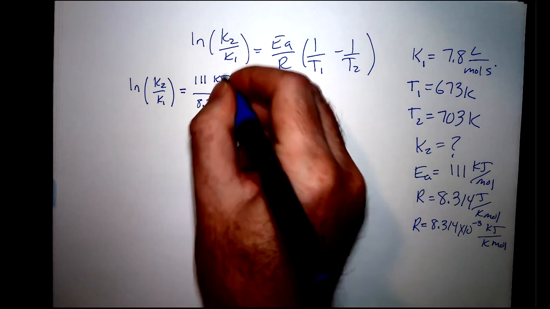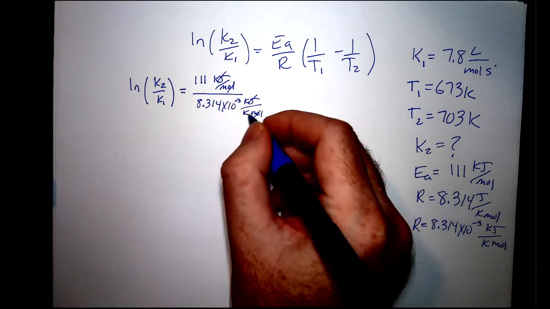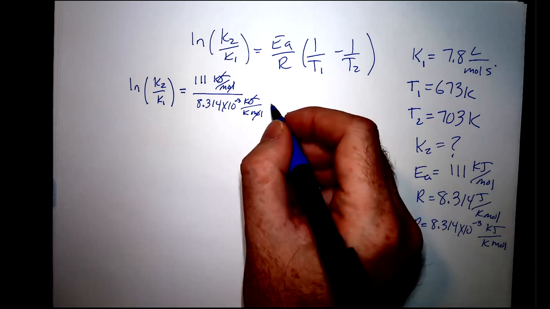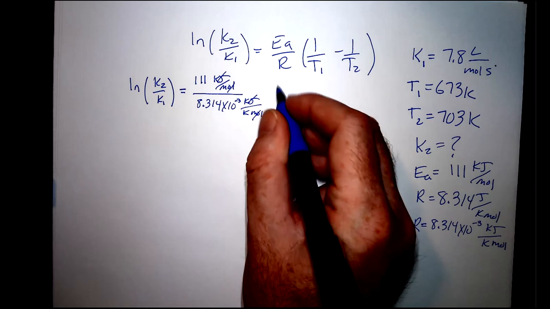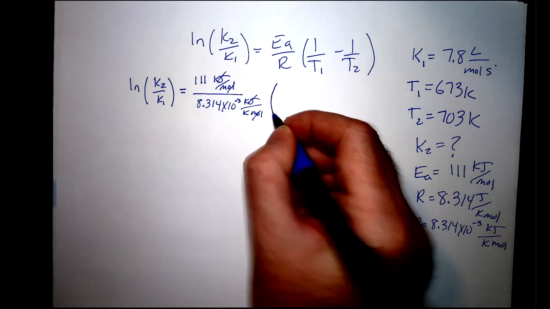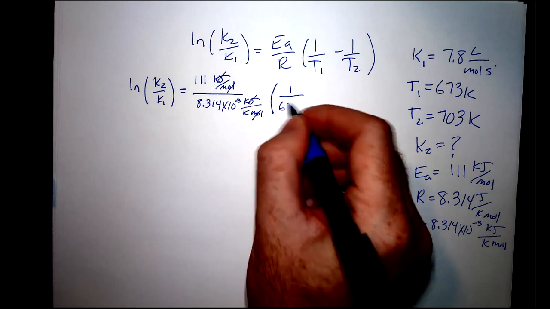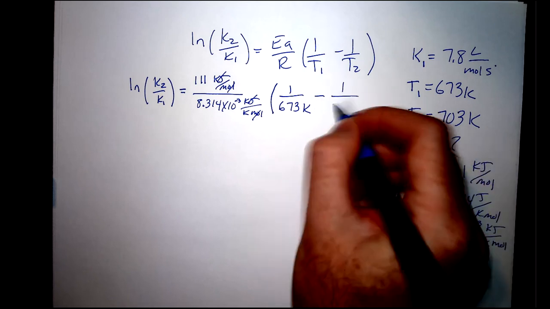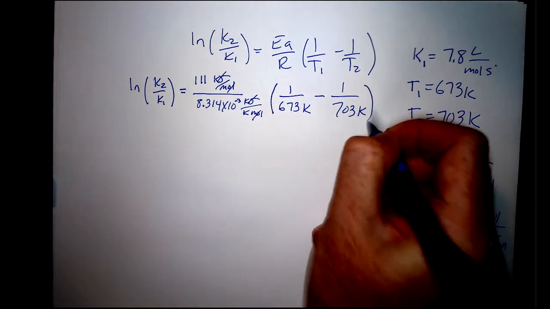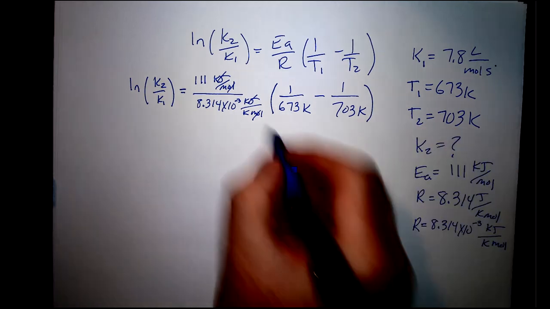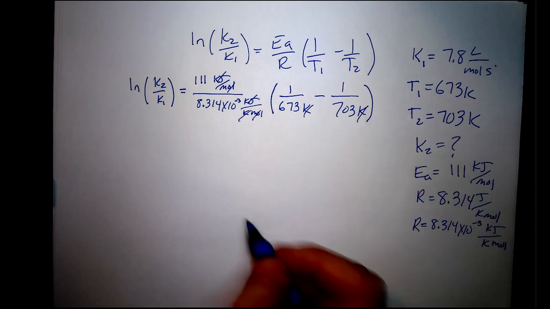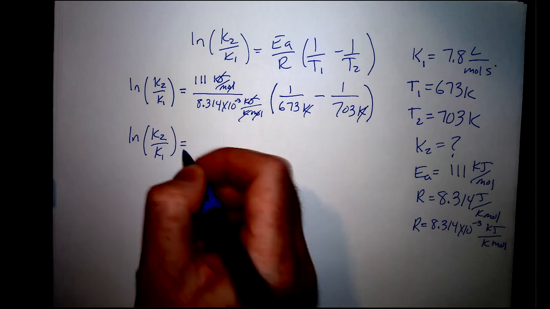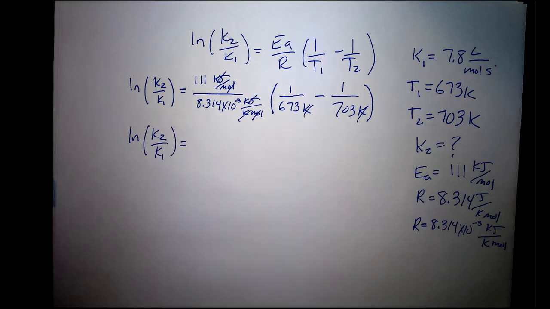The kilojoules and the moles cancel, and we're left with 1 over Kelvin in the denominator. That's okay, because we need it to cancel, and what we're going to cancel it with is our 1 over 673 Kelvin minus 1 over 703 Kelvin. Then the Kelvins are going to cancel. We'll run that through our calculator. Leaving the rate constant alone for the time being makes the algebra just a little bit simpler, which is why I'm doing that.